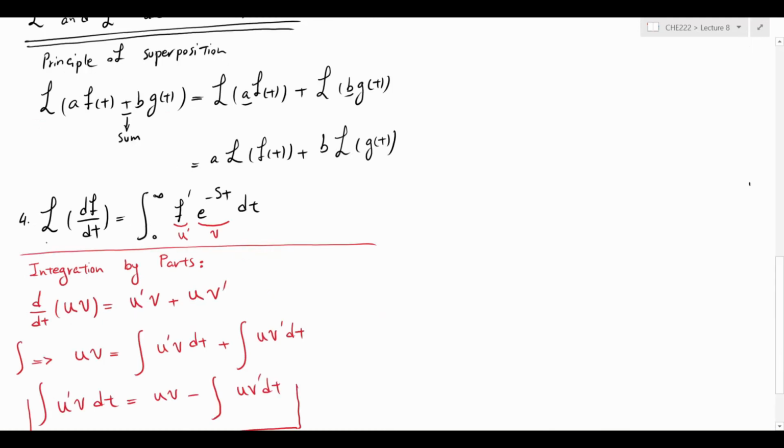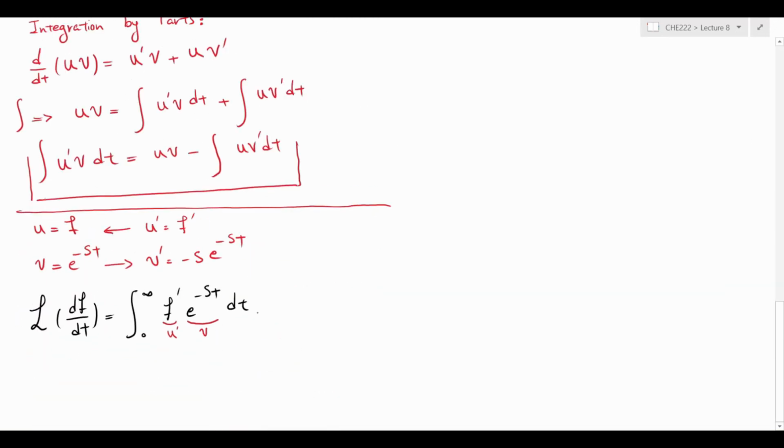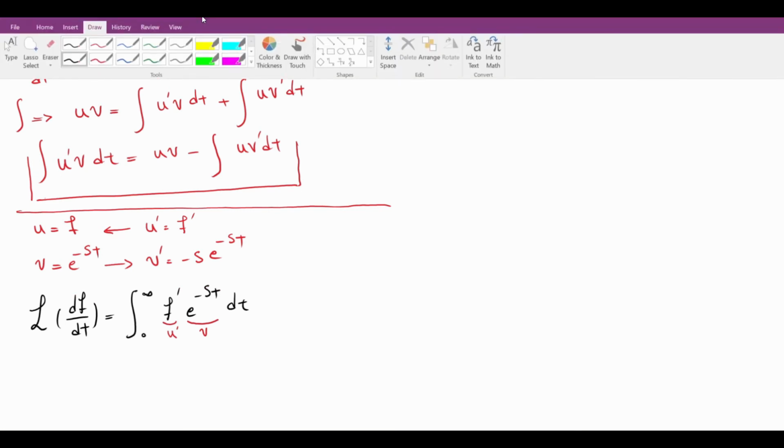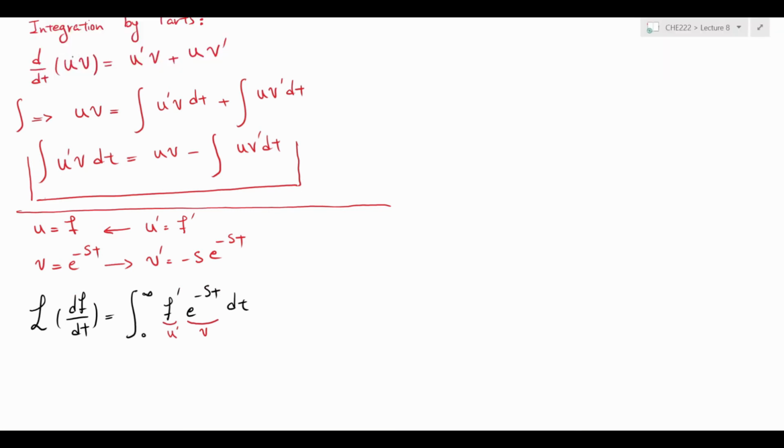Now what I do is I just copy this whole expression from here, and maybe I just move it down below. And I use integration by parts to calculate this integral.